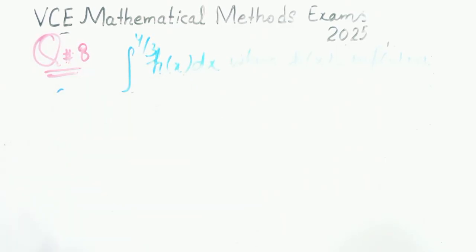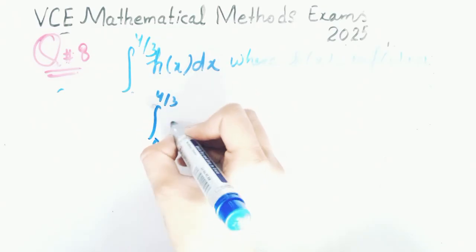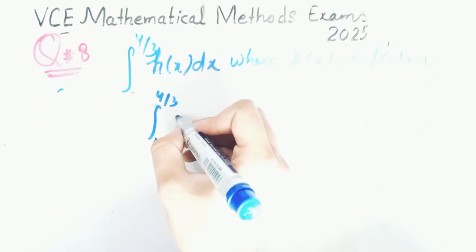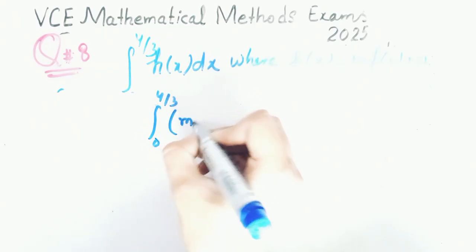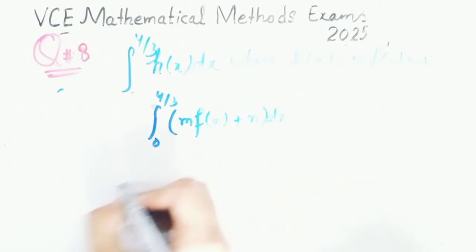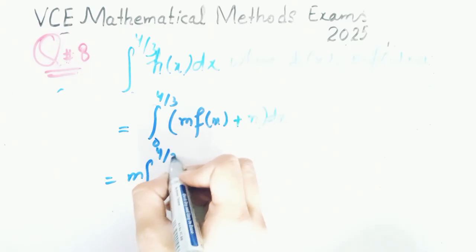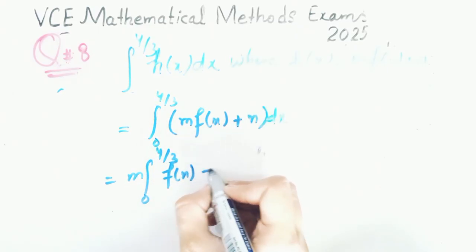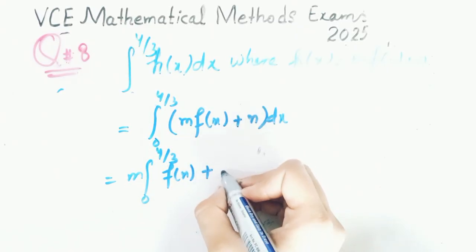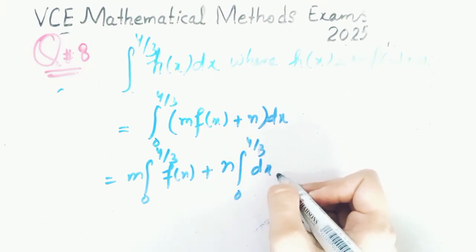So split this integral from 0 to 4/3. In place of h of x, we will write (m f of x plus n) dx. Split this: 0 to 4/3, m f of x dx plus n integral 0 to 4/3 dx.